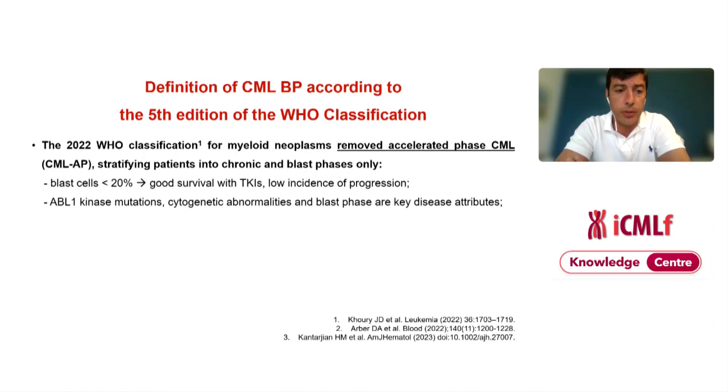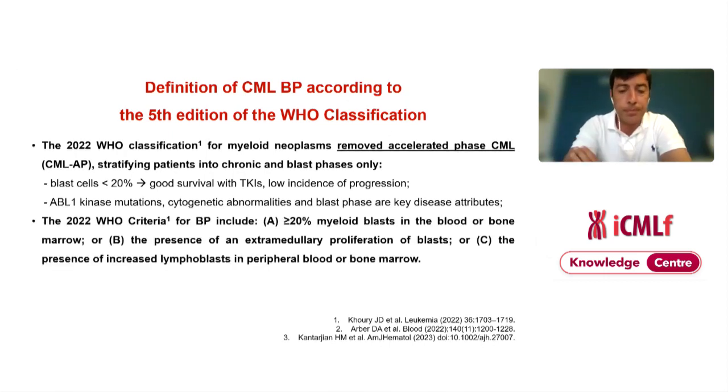Probably other factors like the presence of ABL kinase mutations, the presence of cytogenetic abnormalities, and a greater proportion of blasts are factors able to predict a poor outcome of CML patients.